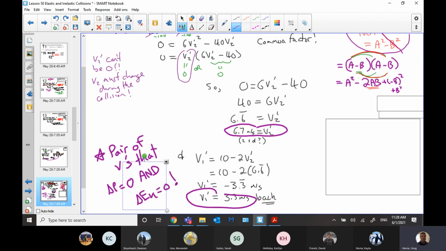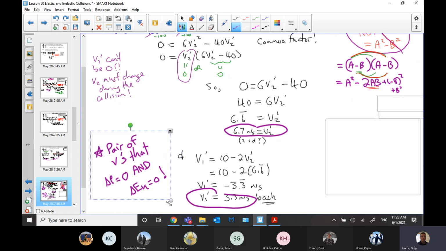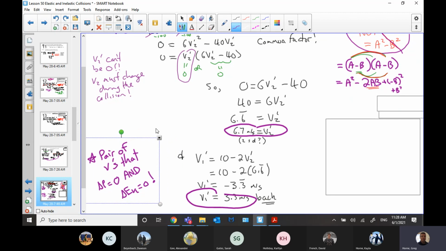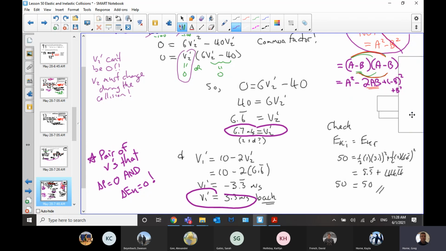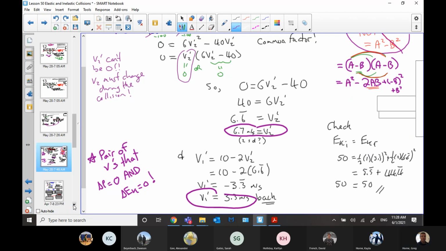We saw two examples previously where we saw pairs of velocities that satisfy conservation of momentum, but they didn't satisfy kinetic energy conservation. In other words, they weren't elastic collisions. As a little sanity check, you can check the kinetic energy before and after, and quickly the calculations lead to 50 at the beginning and the end, the same energy at the end as you started with.